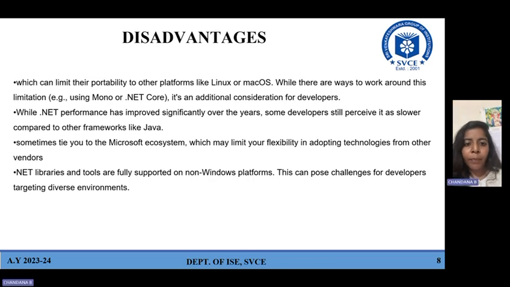While .NET performance has improved significantly over the years, some developers still prefer frameworks like Java. Sometimes it's tied to the Microsoft ecosystem, which can limit your flexibility in adopting technology from other vendors.